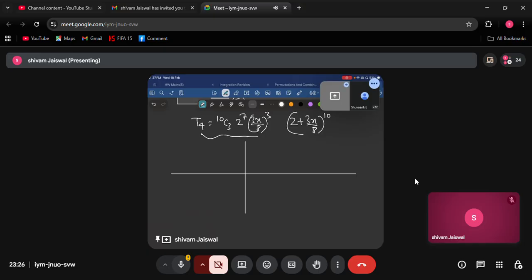Basically, this is k into x cube, right? Can you understand? X cube is multiplied to a constant. Yes or no? Yes, sir. So, what kind of a graph you'll get? This is the graph, right? Yes or no?